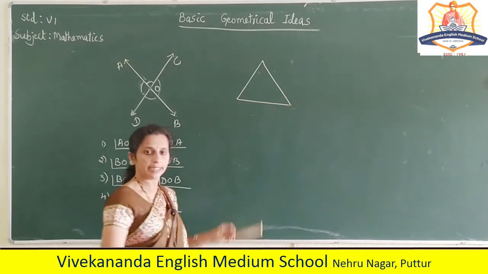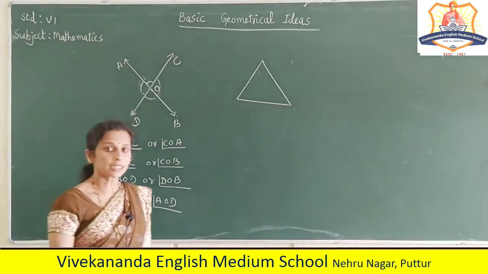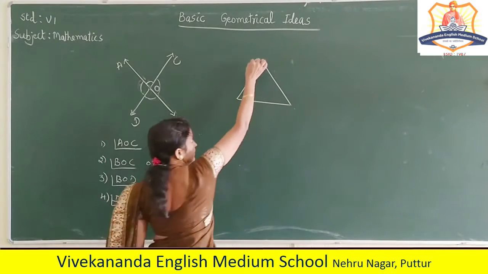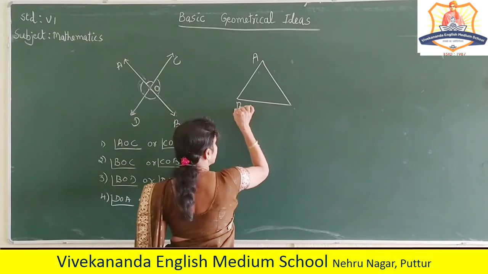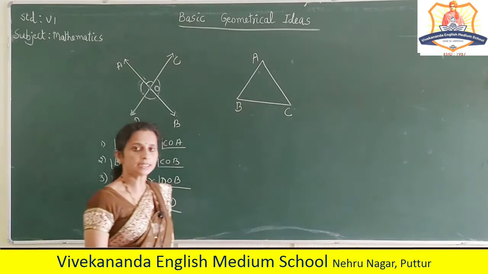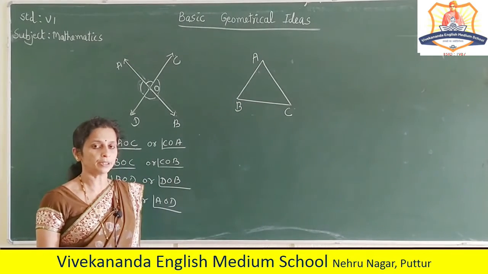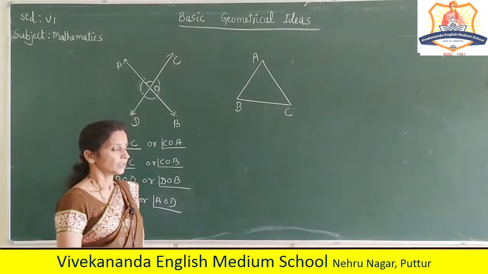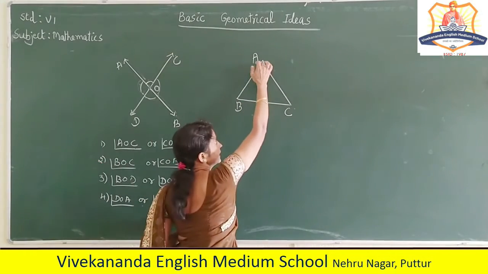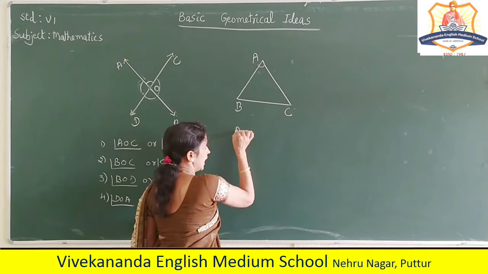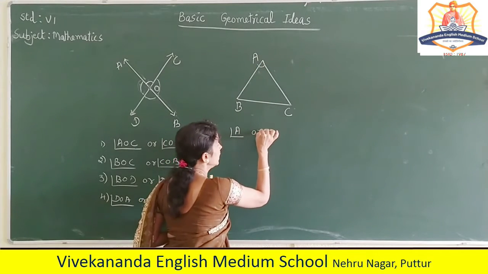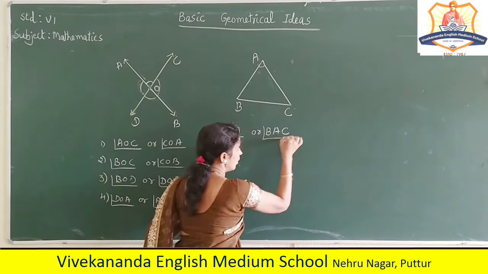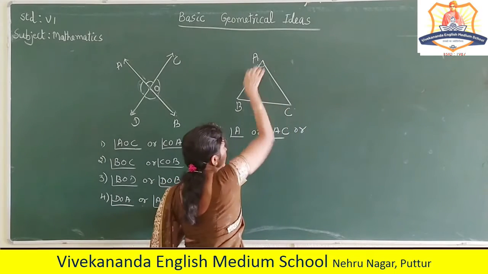Now we will see another figure. Are you able to identify this figure which has 3 sides? Very good, it is a triangle. We name the triangle ABC. Now in this triangle ABC, are you able to identify the different angles? Yes, one angle, angle A. You can write angle A here, or you can write angle BAC, or angle CAB.